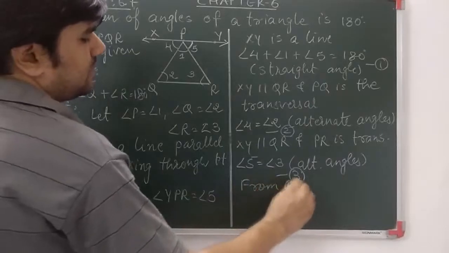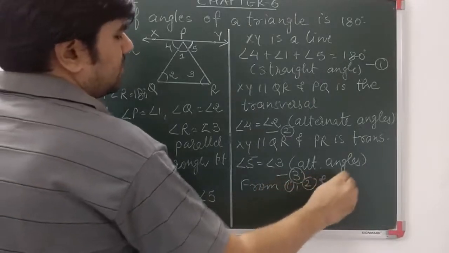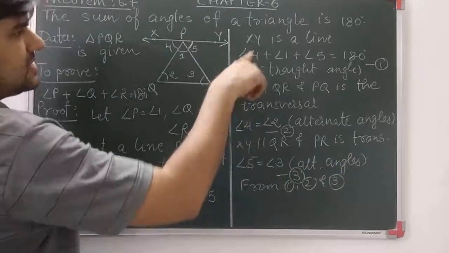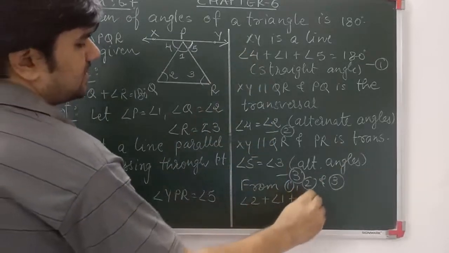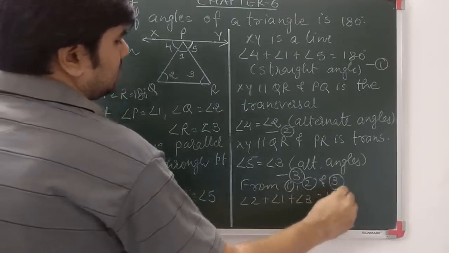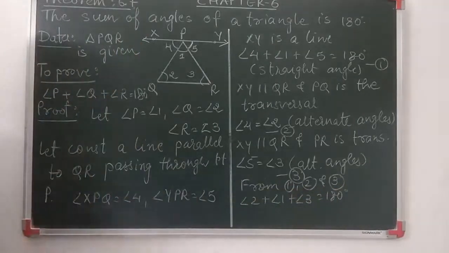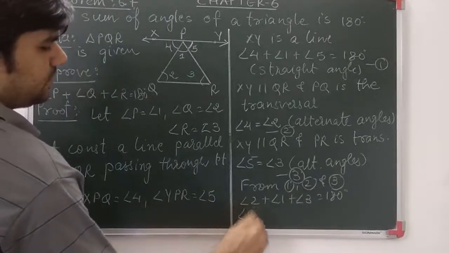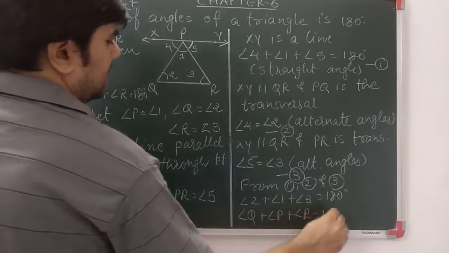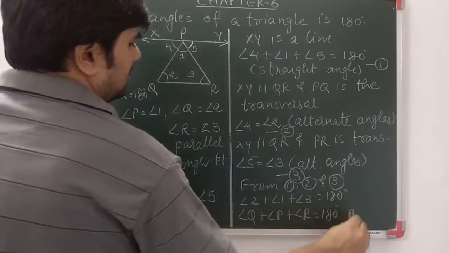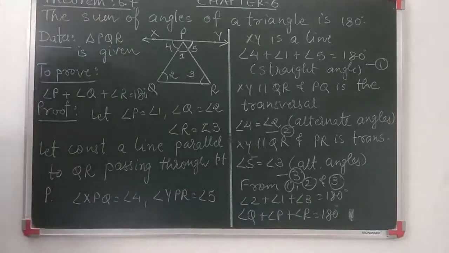So angle 4 can be written as angle 2, angle 1 stays as it is, and angle 5 can be written as angle 3, and the sum is 180. As we supposed earlier, angle 2 is Q, angle 1 is P and angle 3 is R, so the sum is 180. This is how we have proved that the sum of all the angles of a triangle is 180.